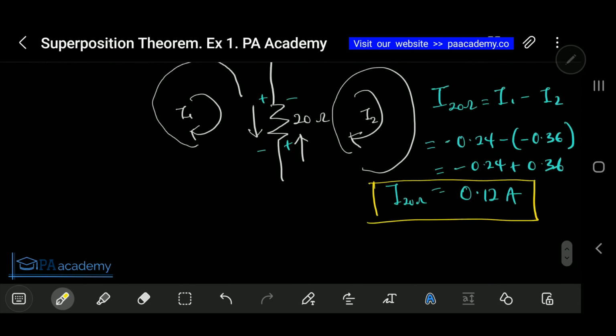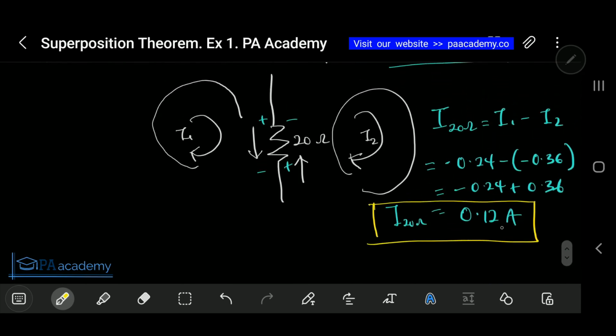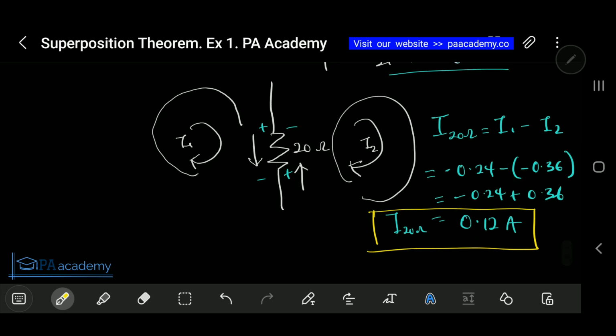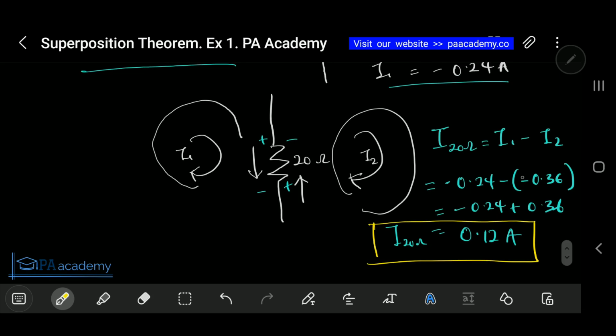All right. So one thing you also need to pay attention to here is the direction of this current. Since it is I1 minus I2, that means it is more of I1 that is flowing through it. So our direction is going to be the same direction as I1.